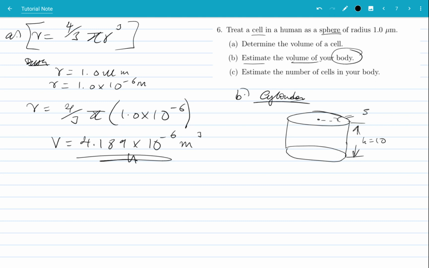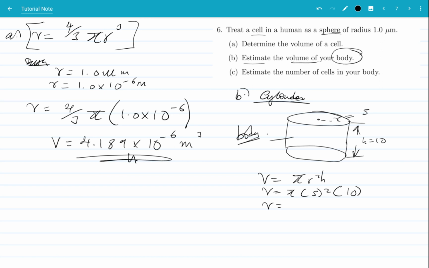So let me try and find the volume of my body. So let's call this the body. So my body is a cylinder in my estimation here. So the volume of the cylinder, we said is pi r squared h. So volume will be equal to pi, r is 5 squared, and h is 10.